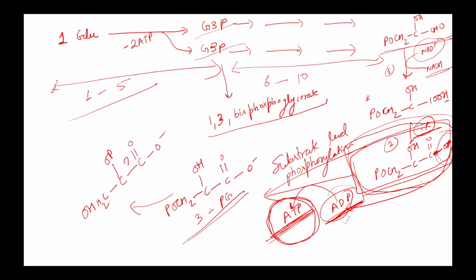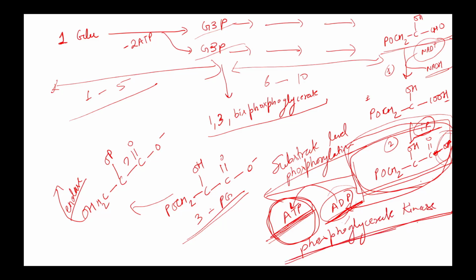From here it gets converted to phosphoenol pyruvate with the help of an enzyme called enolase. The enzyme which plays the role in the previous step is phosphoglycerate kinase. Phosphoglycerate kinase is the enzyme which is involved in substrate level phosphorylation.